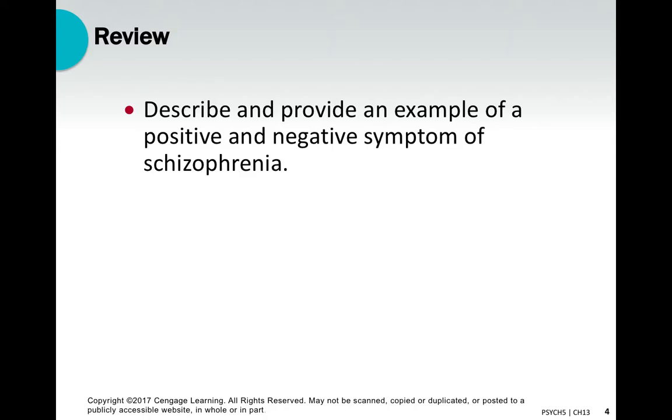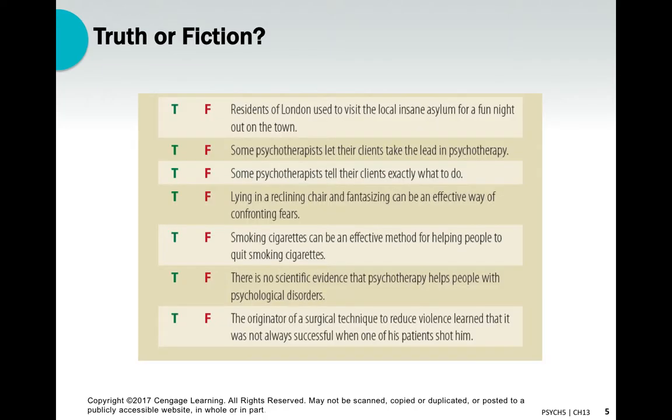So positive symptoms could be hallucinations and delusions. A negative symptom could be flat affect or inappropriate emotional expressions, things like that, or movement. Physical movement is also something that could be dramatically affected in a negative way for people with schizophrenia.